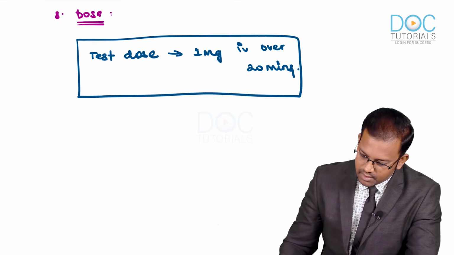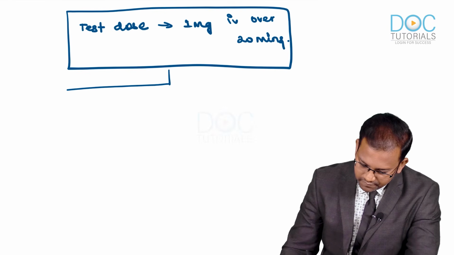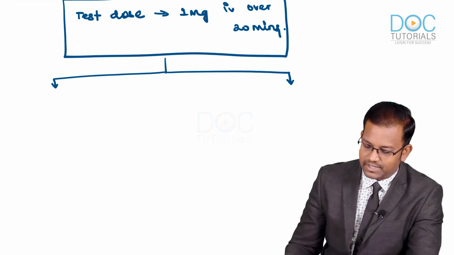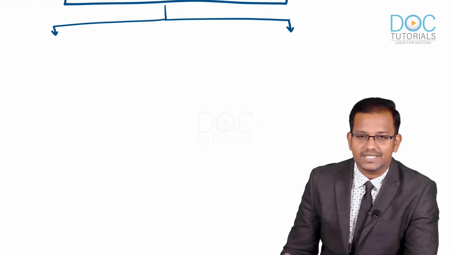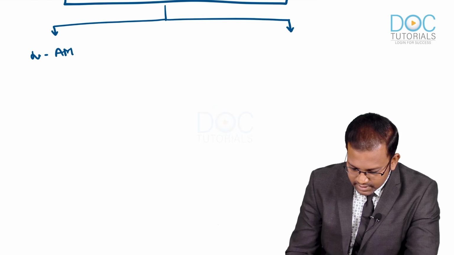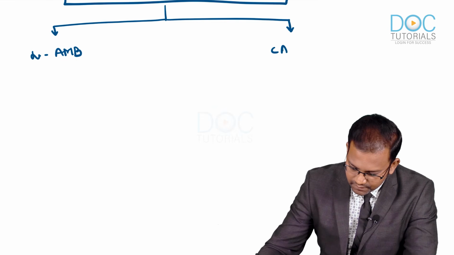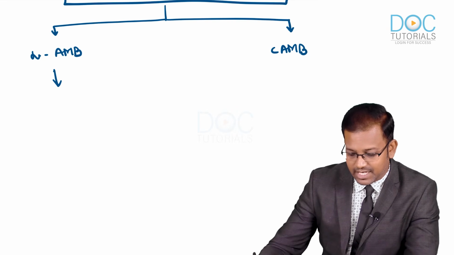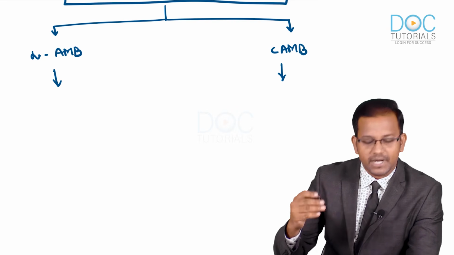Followed by this, we can either opt for liposomal amphotericin B, or if it is not available, we can opt for the conventional amphotericin B, which is amphotericin deoxycholate. If it is liposomal amphotericin B, as we've already explained, we can give a little bit higher doses.